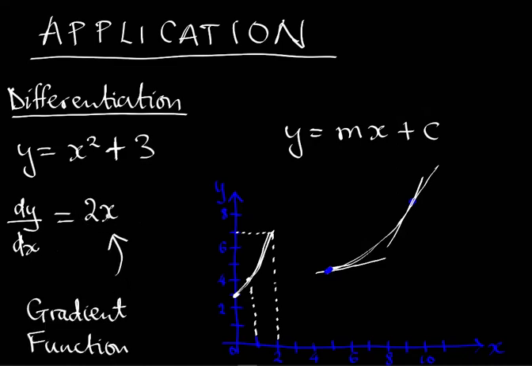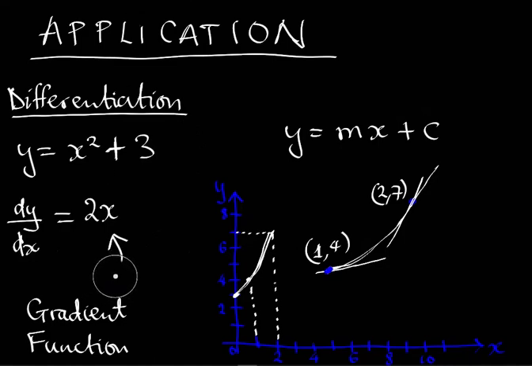What that means is this function here, dy/dx, is going to give us the gradient when we plug in the point at which we want to find the gradient. For example, if we want to find the gradient when x is 1, let's say this point here is 1. Remember, we found that 1 was paired with 4. Let's say this point here is 2, and we found that the value of y when x is 2 is 7. So if we want to find the gradient when x is 1, we're just going to bring that 1 and plug it there.